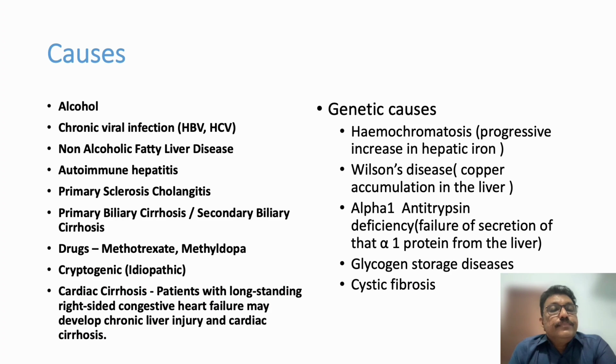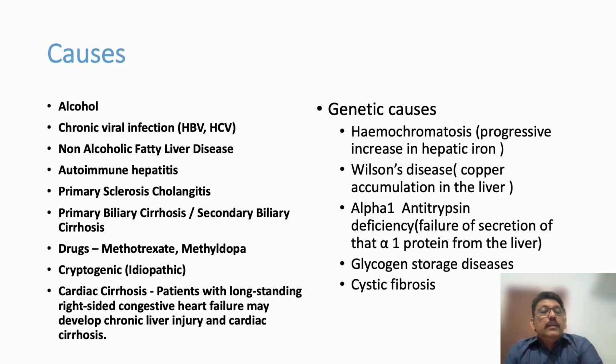Now, if you see the causes of liver cirrhosis, one of the most common causes in our country is alcohol. Then chronic viral hepatitis like hepatitis B or hepatitis C virus. Non-alcoholic fatty liver disease is seen in many conditions like obesity, diabetes, or many drugs, various chronic inflammations.